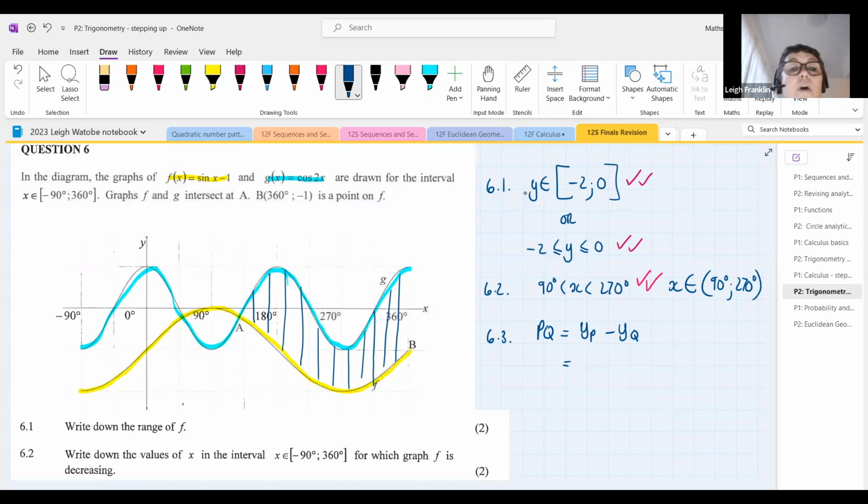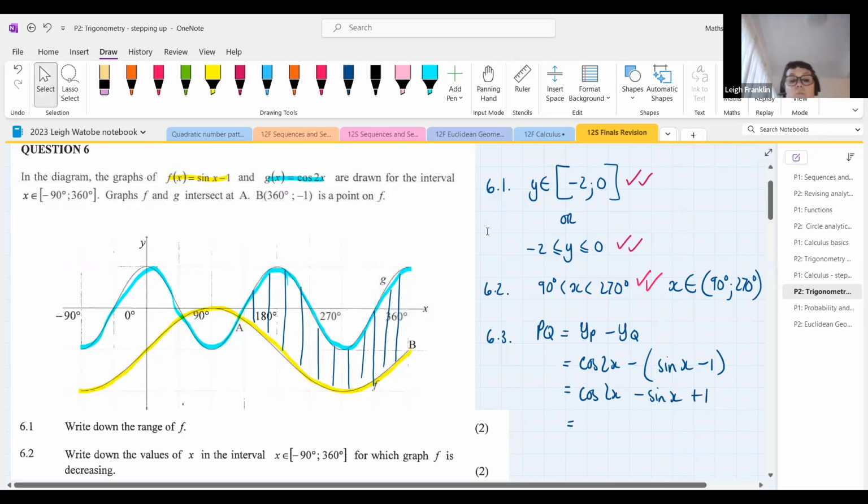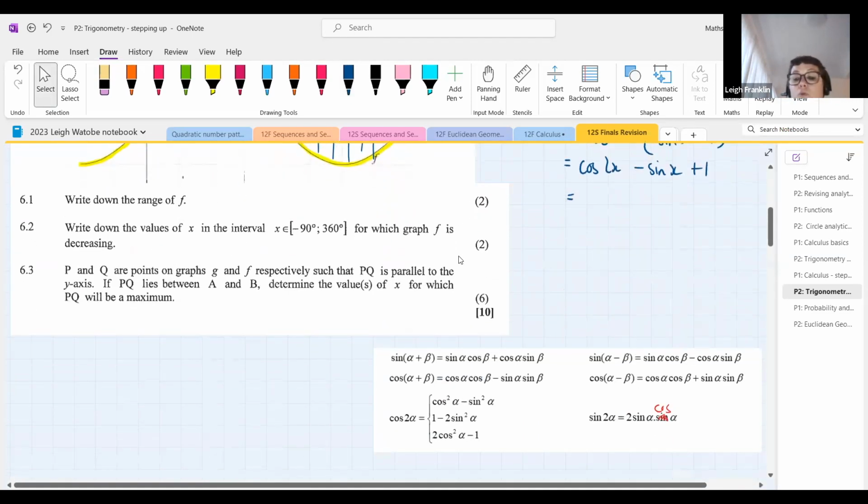So the blue graph is cos 2X. And we are going to minus from that sine X minus 1. All right. So you're now going to end up with cos 2x minus sine x plus 1. What do you think we should do with the cos 2x? There's your formulae down here.